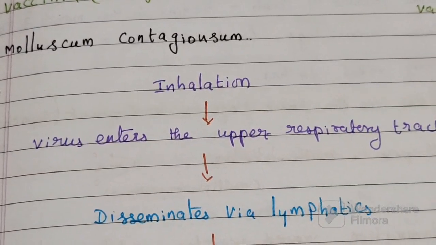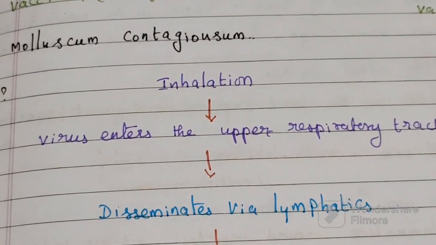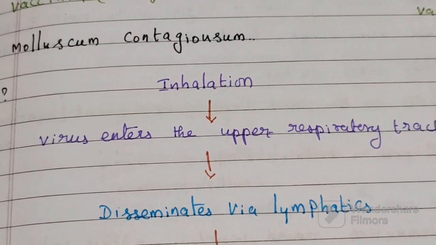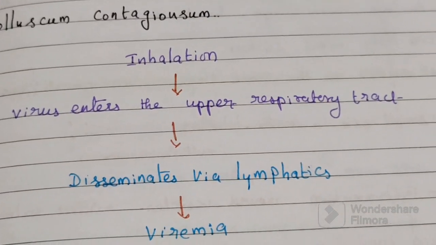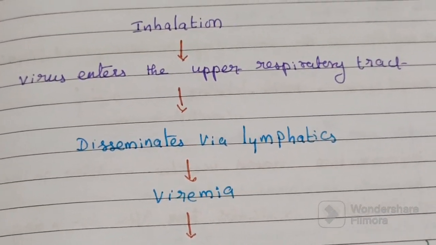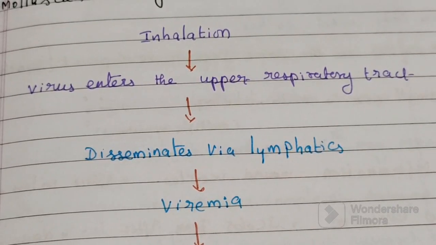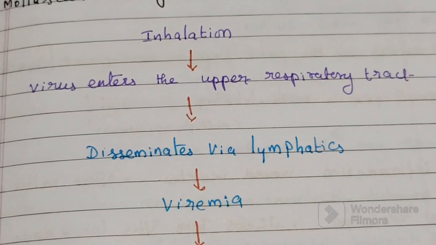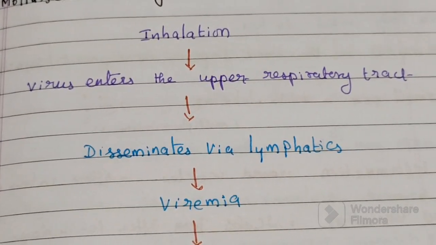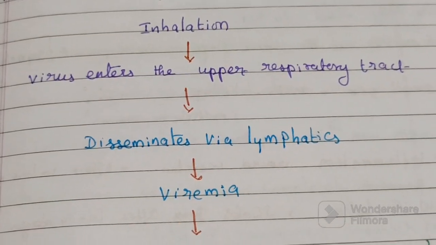After entering through inhalation, it goes to the nose, then the trachea, the bronchi, and then reaches the lungs. From the lungs it goes into the lymphatics and blood. From the blood, it has a strong affinity for dermal tissue, the skin.